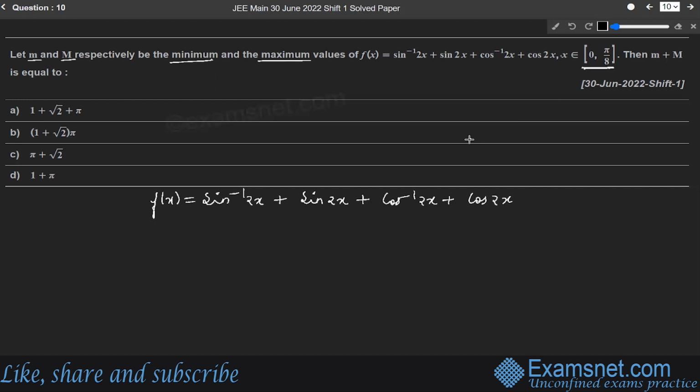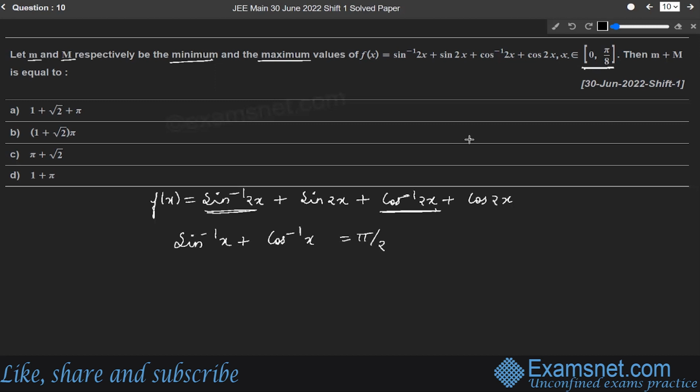It means that at x is equal to 0, the function attains the minimum value, which is small m. And at x is equal to pi by 8, the function attains the maximum value, which is capital M. So firstly, let us simplify this function. Here these two terms are given just to confuse you. These two terms will actually be equal to pi by 2 because we know that sine inverse x plus cos inverse x is equal to pi by 2.